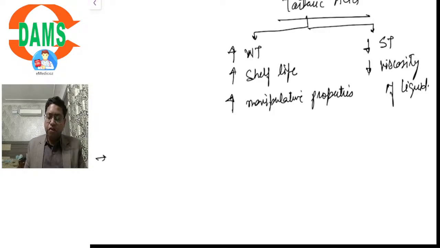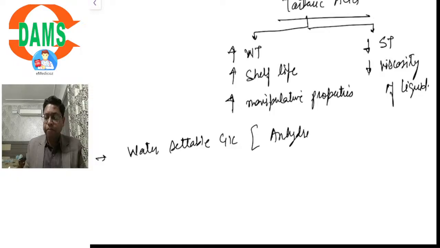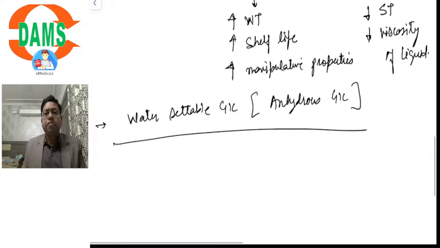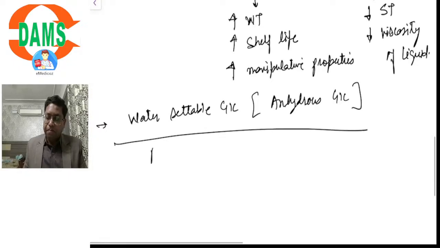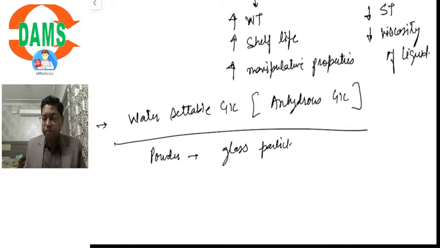There are certain water settable GICs available, which are also called anhydrous GIC. Apart from the conventional ones, there are water settable GICs. Here the powder basically consists of glass particles, as we have seen above, and there would be freeze dried polyacrylic acid.